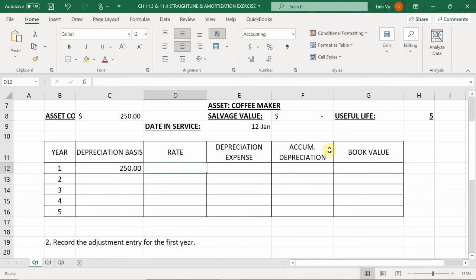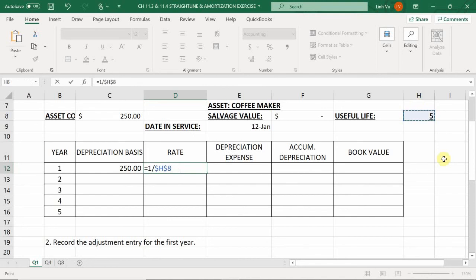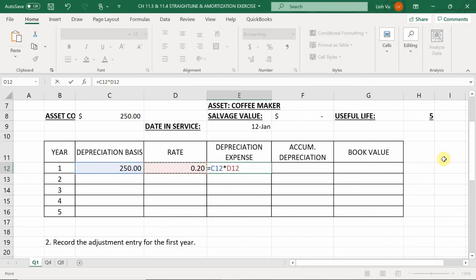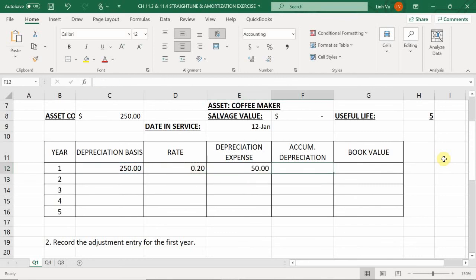What's my rate going to be? 20%, the 1 divided by 5 years. Good, which gives you 20%. So what's my depreciation expense going to be for the first year? It's 250 times 0.20, the $50. Since it's our first year, we know it's going to be $50.